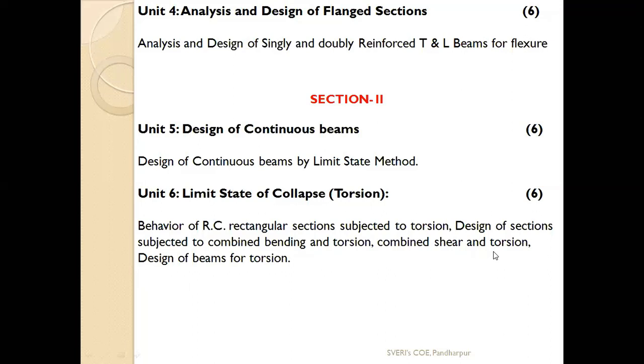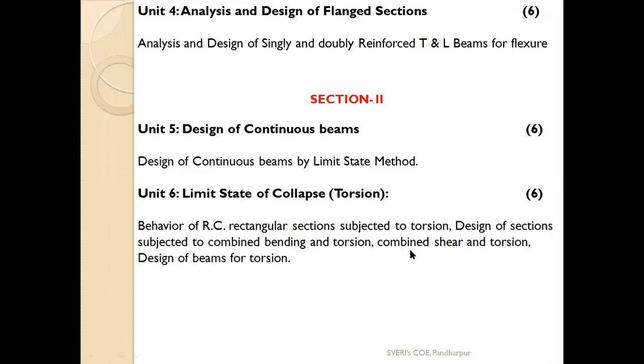But listen carefully. In the exam, you will get a problem which comprises all these three: shear as well as bending as well as torsion. Okay, shear, bending and torsion.